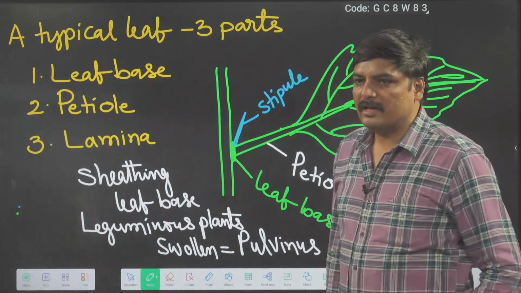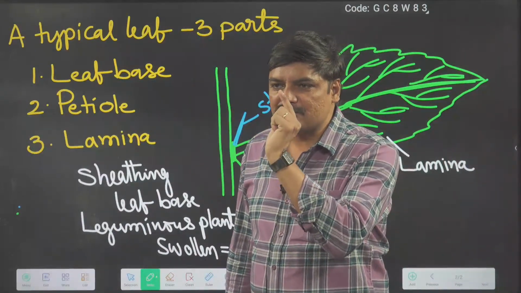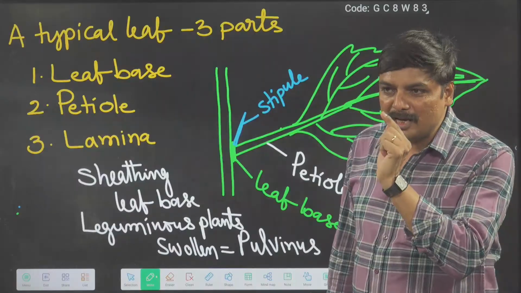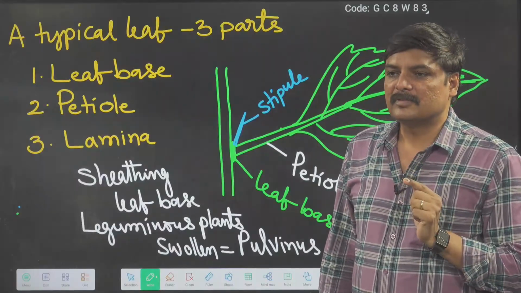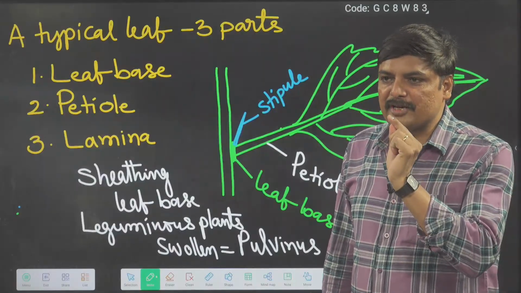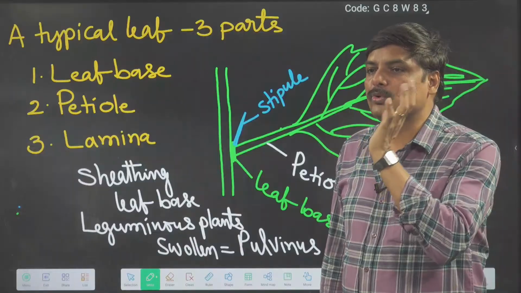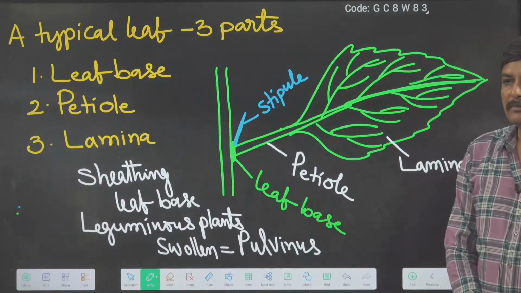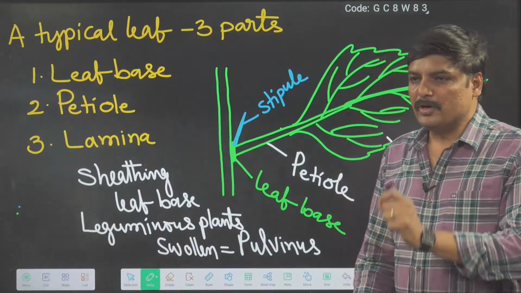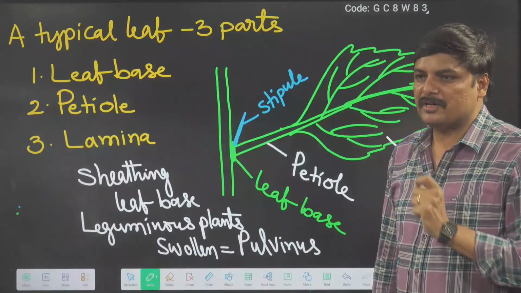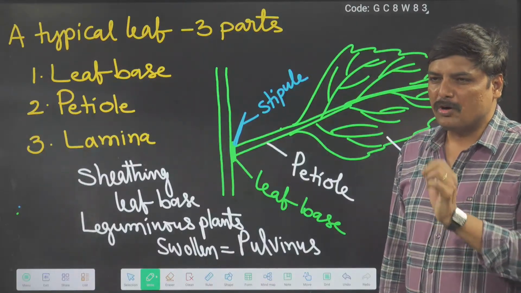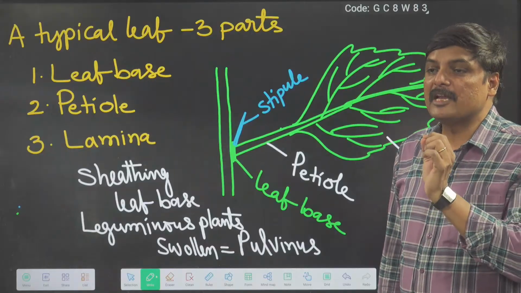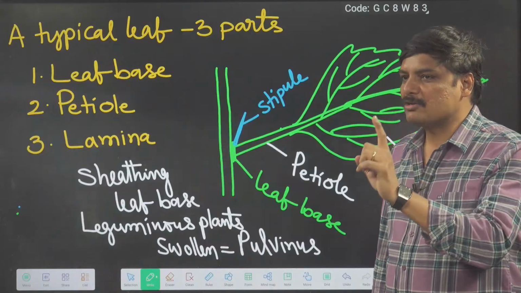Stipule is a small leaf-like structure that arises from the leaf base. Such a structure is called a stipule. It is a small outgrowth from the leaf base.